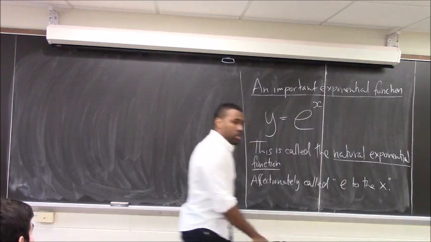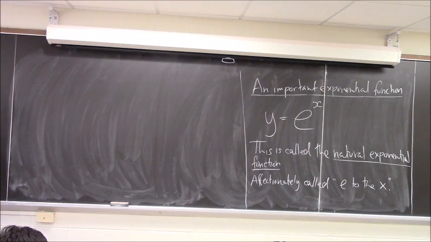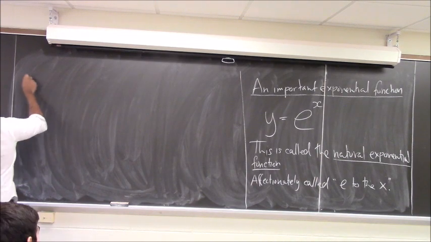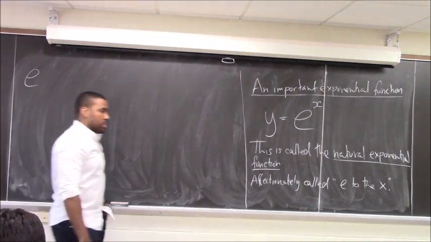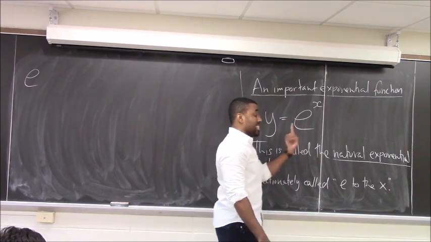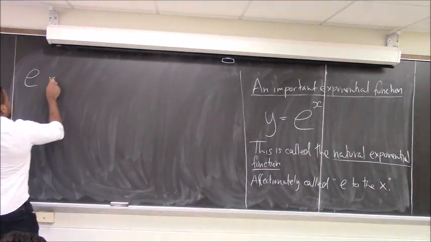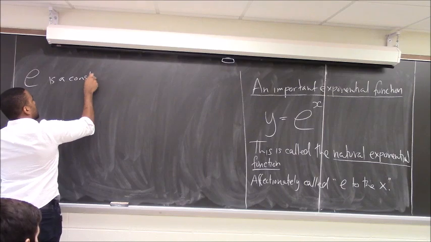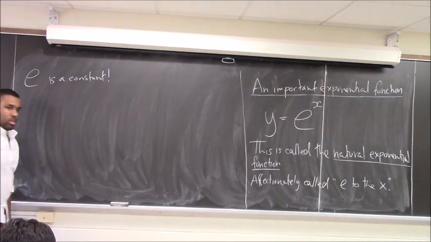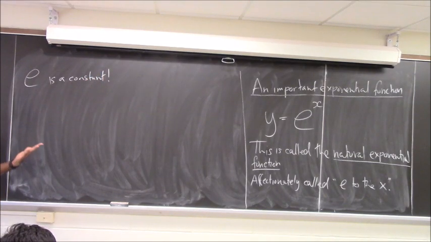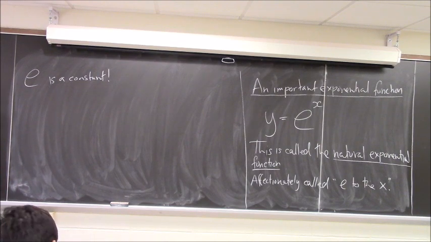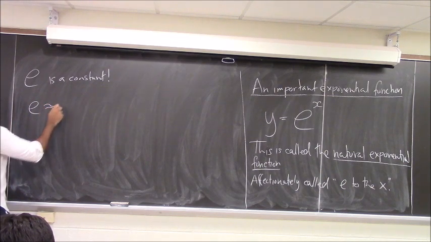We will refer to it affectionately as e to the x. It's a very important function. Now, e itself is a bona fide exponential function because the base is actually a constant. e is a constant. It's important that you know that. It's going to be very important for us to know when we're looking at something that's constant versus not constant for calculus. And so e is a constant. It is a number, kind of like how pi is a constant.